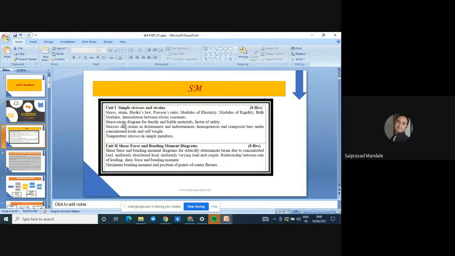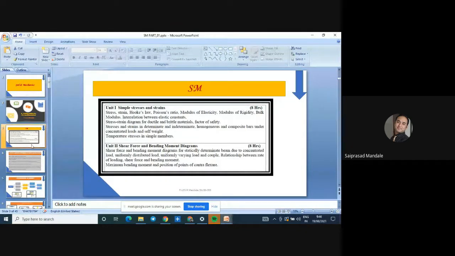We have done the stress strain diagram in the previous session for both ductile and brittle material. We have seen the factor of safety. Only the interrelationship of elastic constants remains, and then we are going to shift to stress and strain in determinate and indeterminate structures.